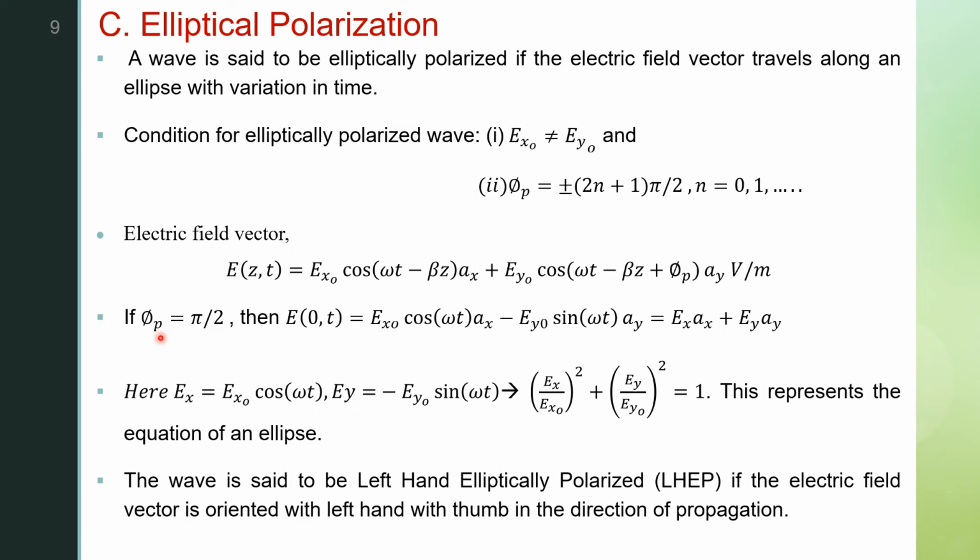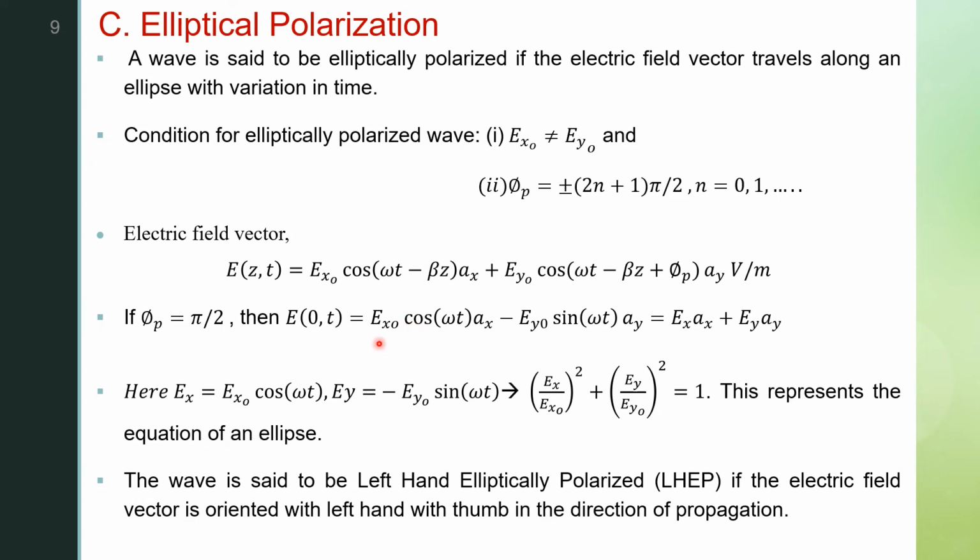So if the phase difference is pi by 2 and considering the fixed point in space as z equal to 0, the electric field vector can be rewritten as E of 0 comma t is equal to Ex0 cos omega t ax minus Ey0 sin omega t ay. So why is it a minus sign? Because cos(omega t plus pi by 2) is minus sin omega t.